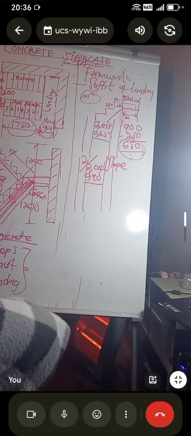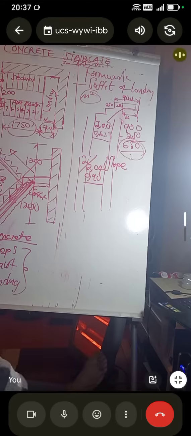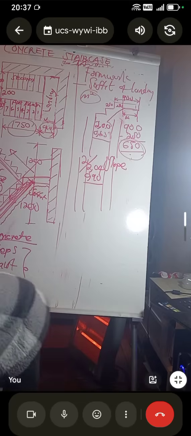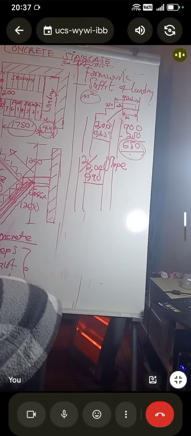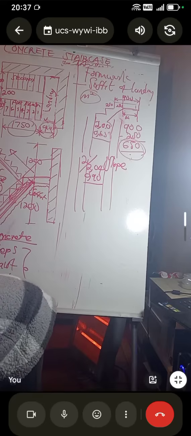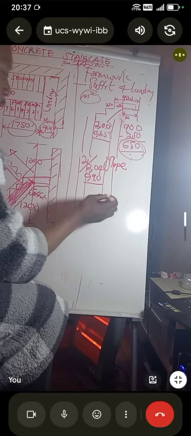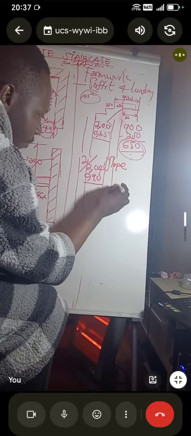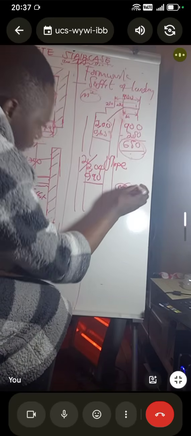Yes, sir. Good. When we go for the risers, they have restrictions. We know that formwork is measured in square meters, but according to the standard system, there are some restrictions. Formwork to the risers is measured in meters. Write that down.